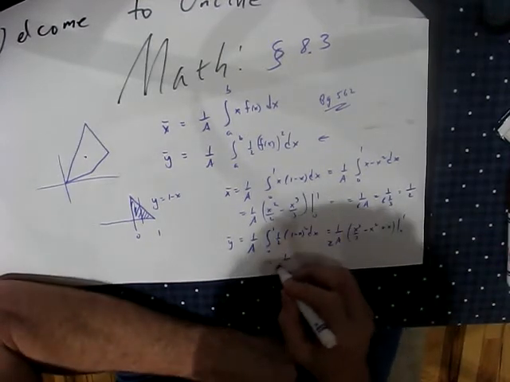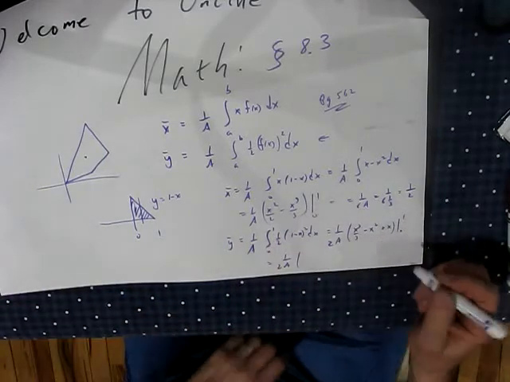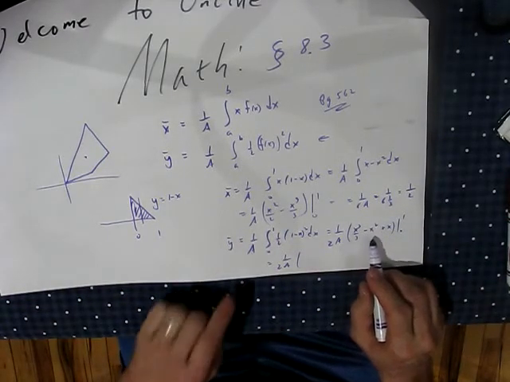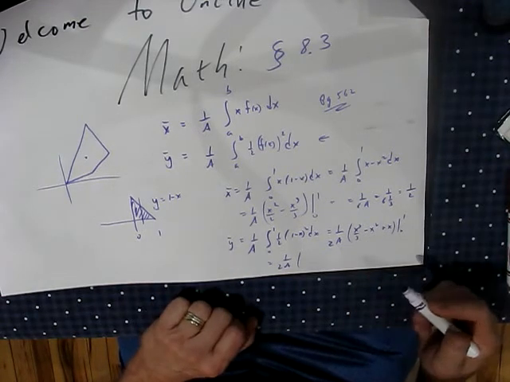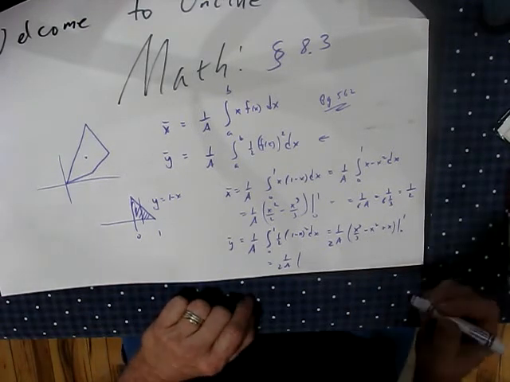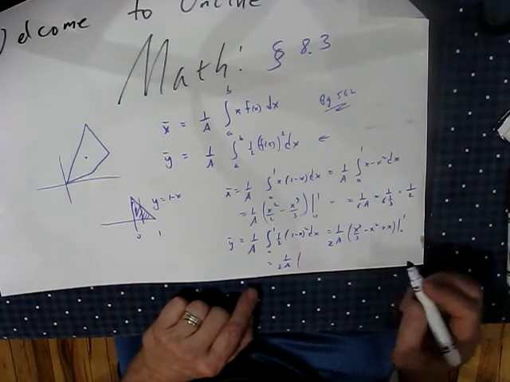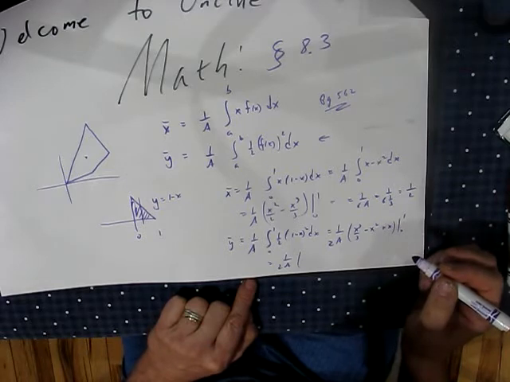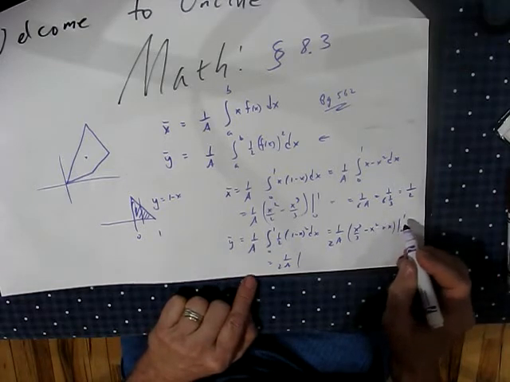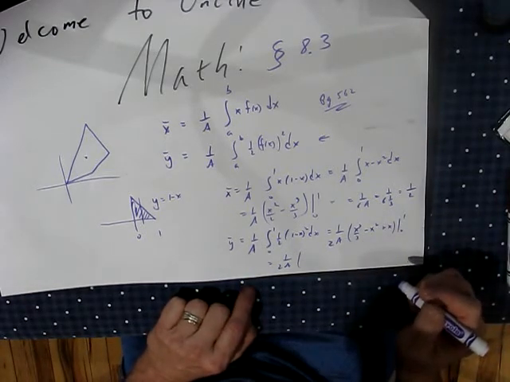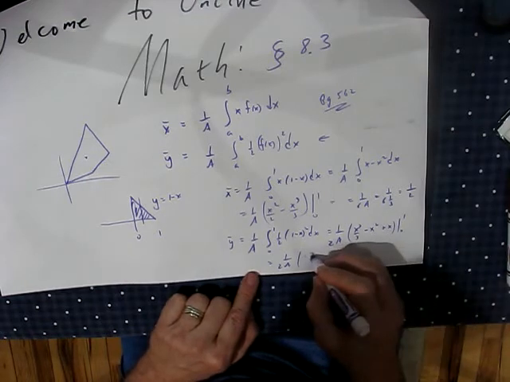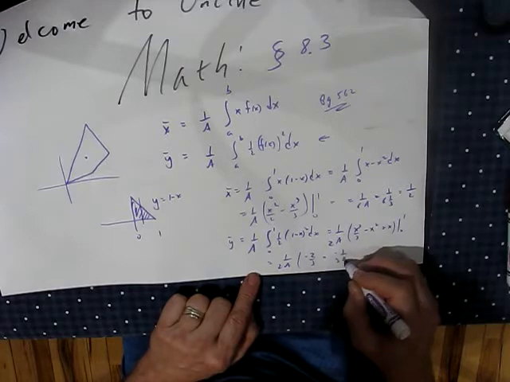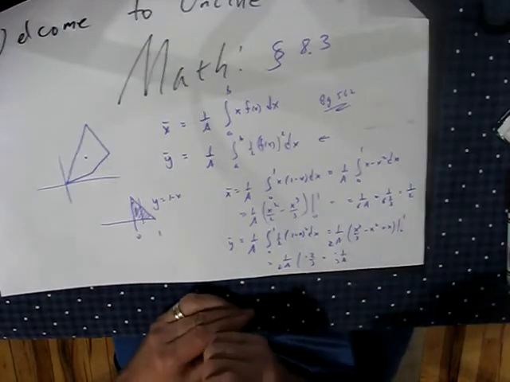And we get 1 over 2a, plug in 1, we get 1/3 minus 1 plus 1. That's interesting, I may have made a mistake. So 1/3 minus 1 is minus 2/3. So I get minus 1 over 3a. Something is definitely wrong.